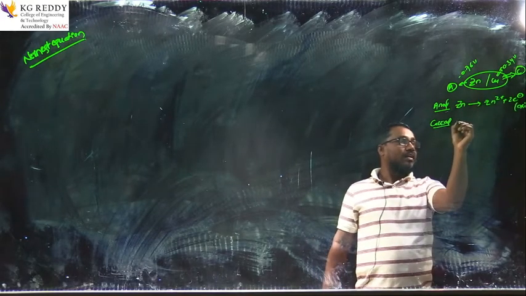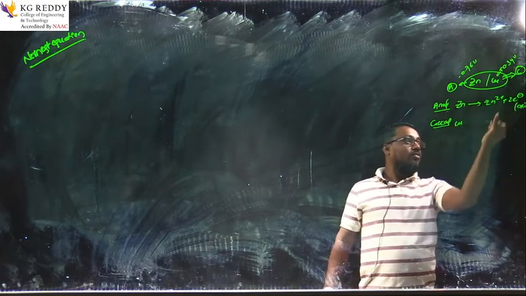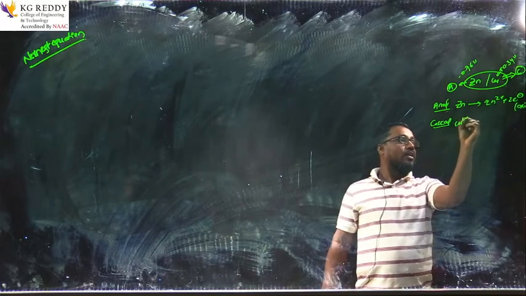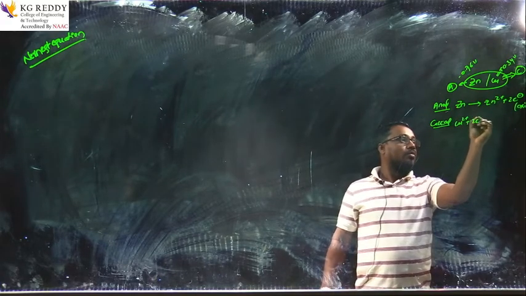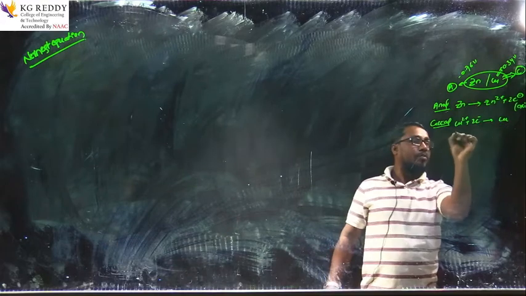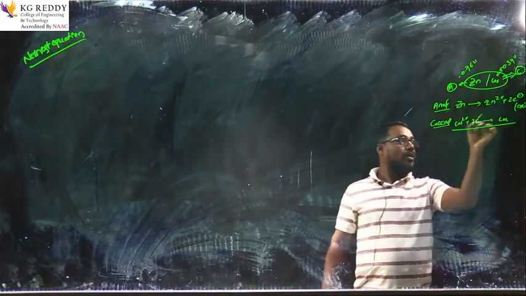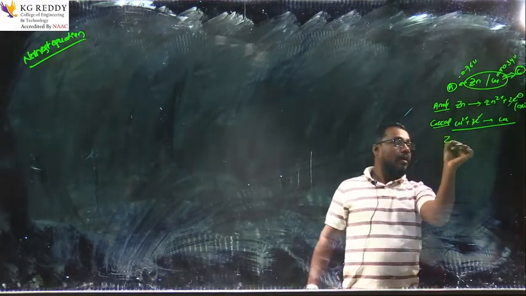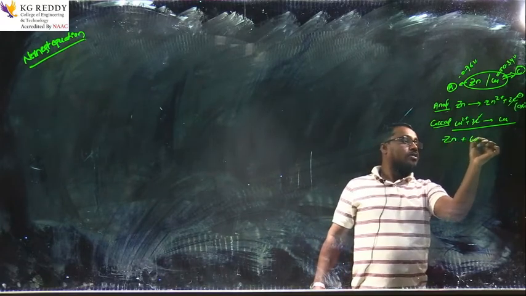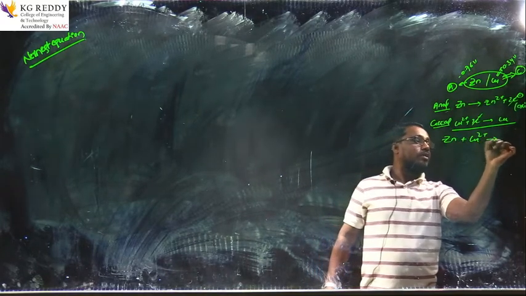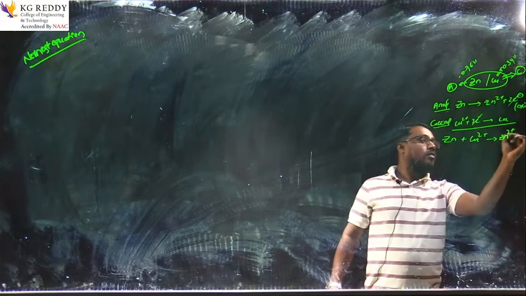The electrons released from the anode are gained by the cathode: Cu2+ plus 2 electrons becomes Cu. If you write the overall reaction, the two electrons cancel, and we get Zn plus Cu2+ giving Zn2+ plus Cu.